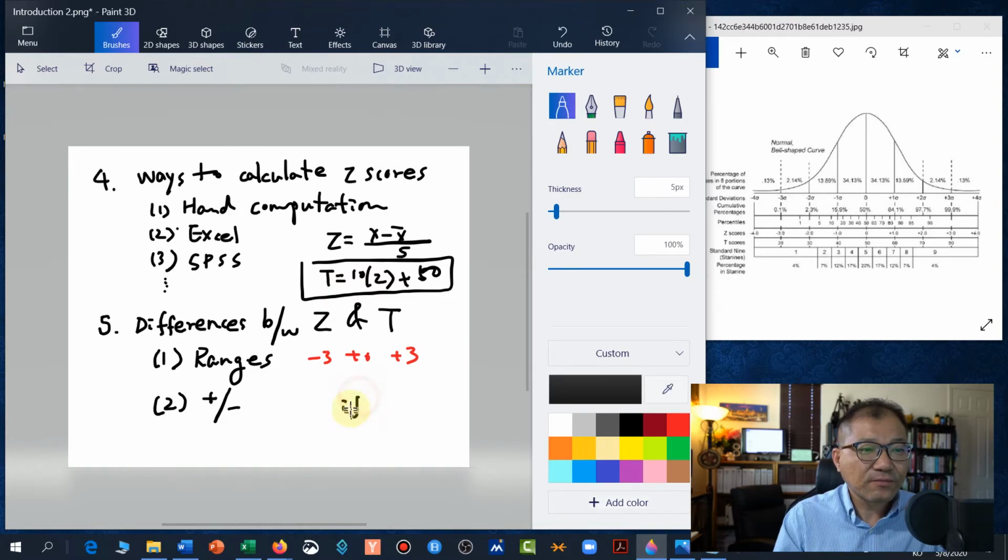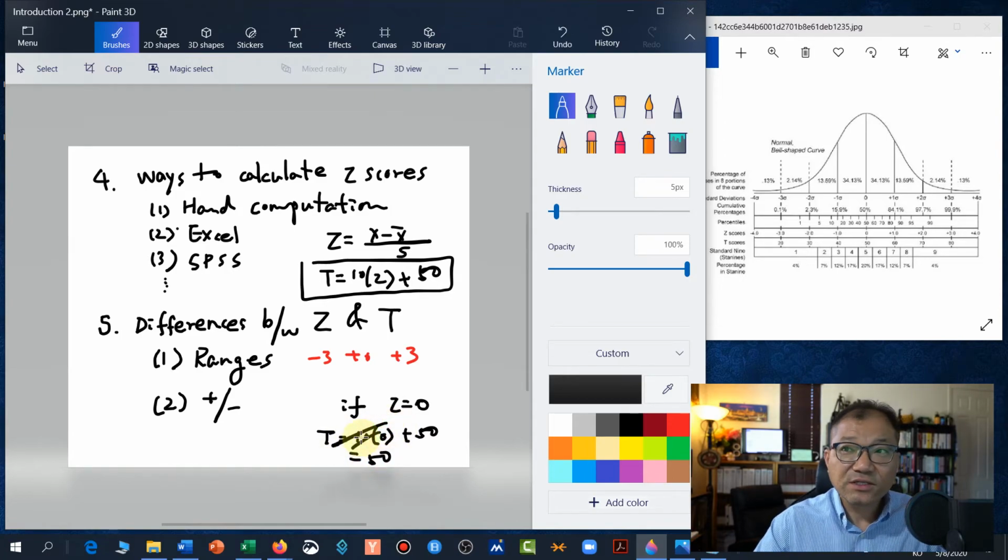So if Z equals 0, that means you are the same as the mean. So when Z is 0, what is your T? T equals 10 times Z plus 50, which equals 50. When your Z score is +3, then your T score will be 80.